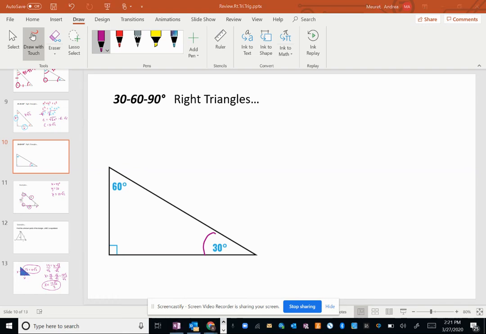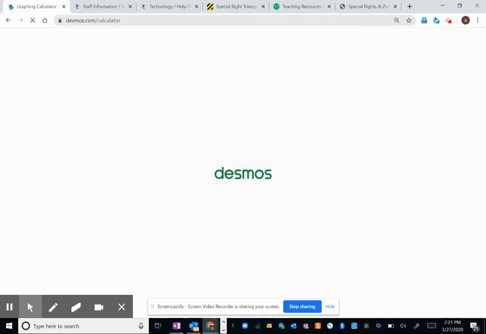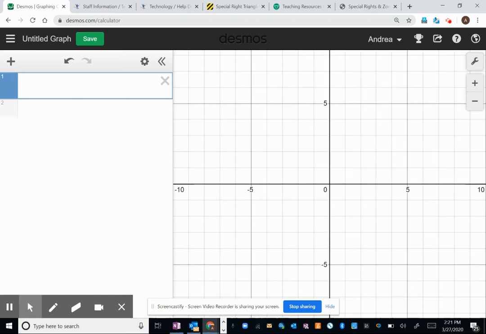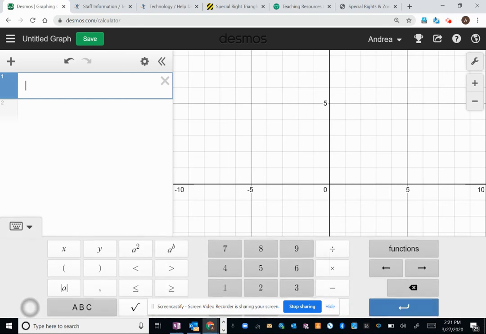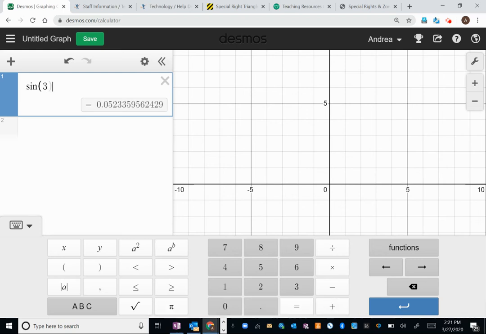So if I look at using Desmos and changing the mode to degrees, I want to know what is the sine of 30 degrees? Oops, there we go. The sine of 30 degrees is 0.5.